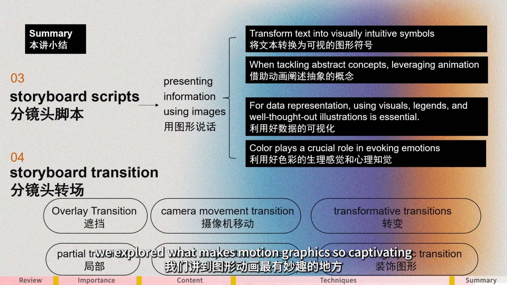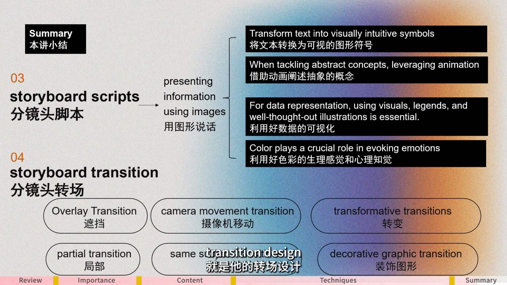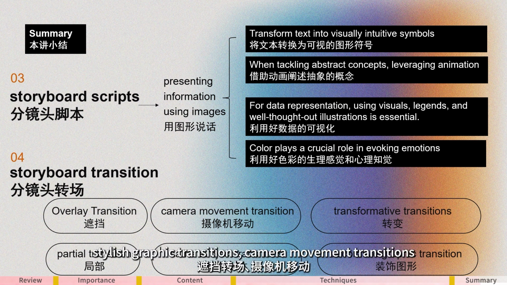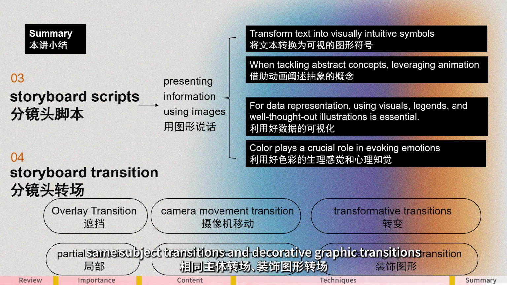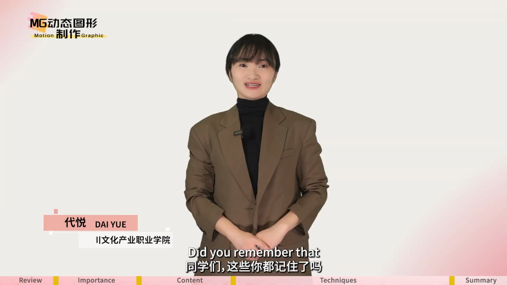Lastly, we explored what makes motion graphics so captivating: transition design. I introduced six methods: overlay transitions, camera movement transitions, transformative transitions, partial transitions, same subject transitions, and stylish graphic transitions. Did you remember that?